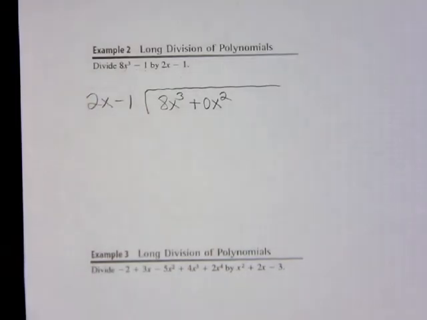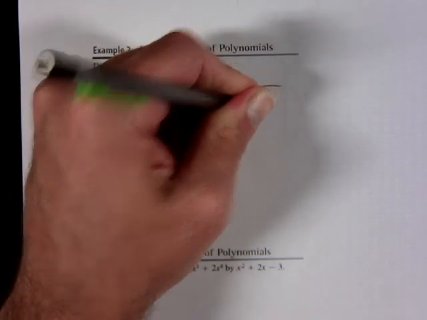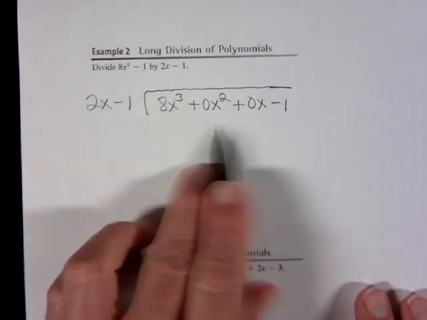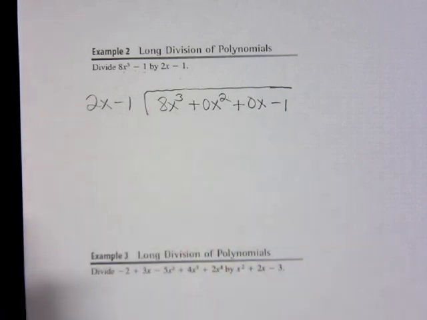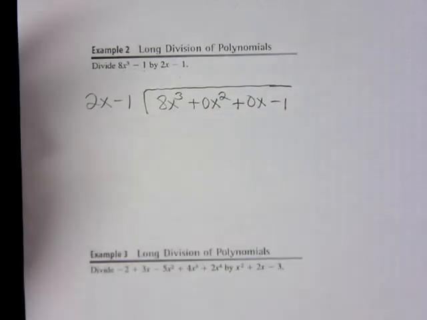And likewise for my x term, it's going to be plus 0x, and then we can have minus 1. Okay, so you want to make sure that you plug those in there so that it divides out correctly as far as the places are concerned. If there is no squared term or no first power term, you've got to make sure that you have all the terms represented when you're dividing it out long division like this.